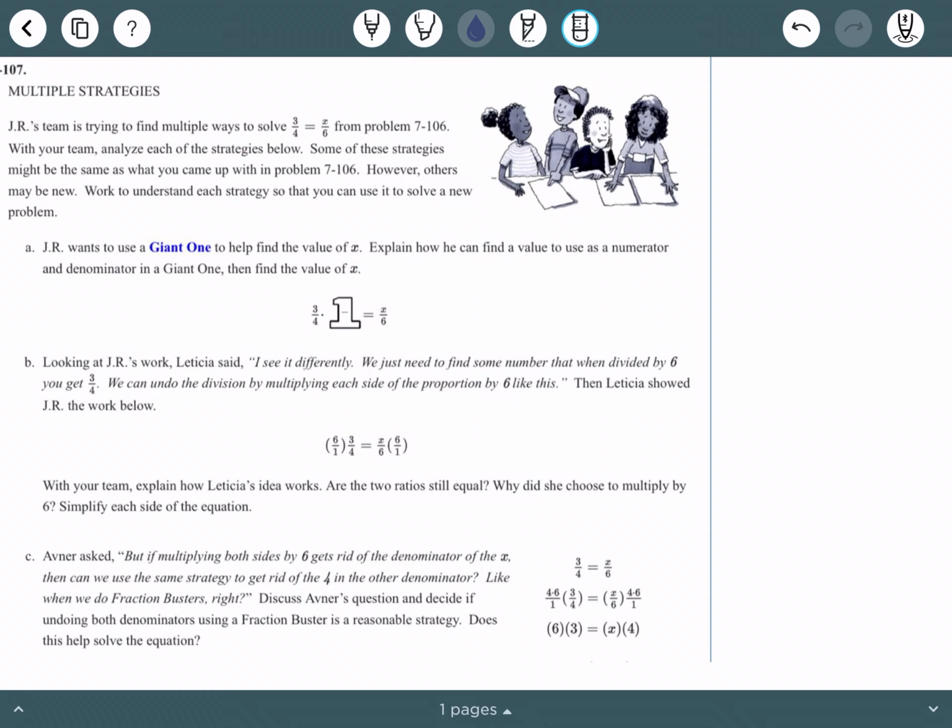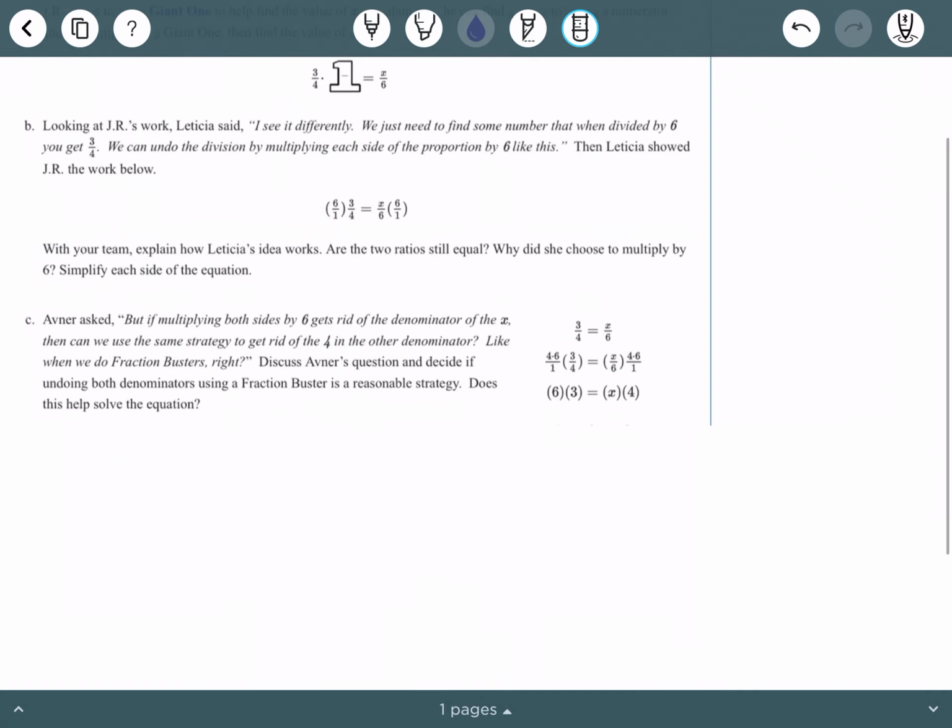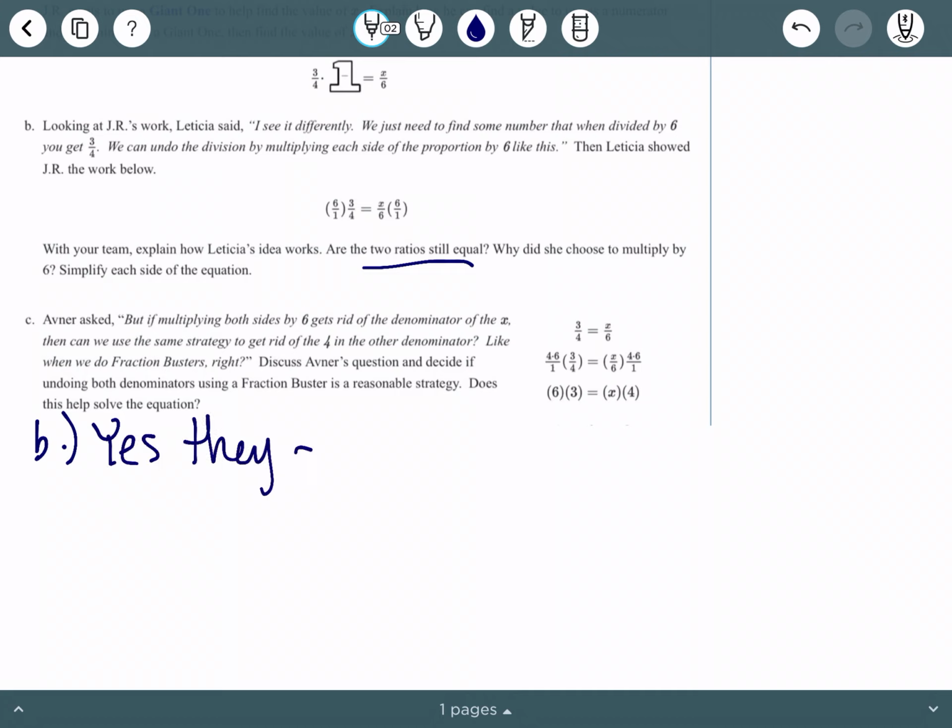So in this case, Letitia is multiplying both sides of the equation by 6 over 1. Are the two ratios still equal? So let's start with that part of the problem. We're going to say yes, they are.